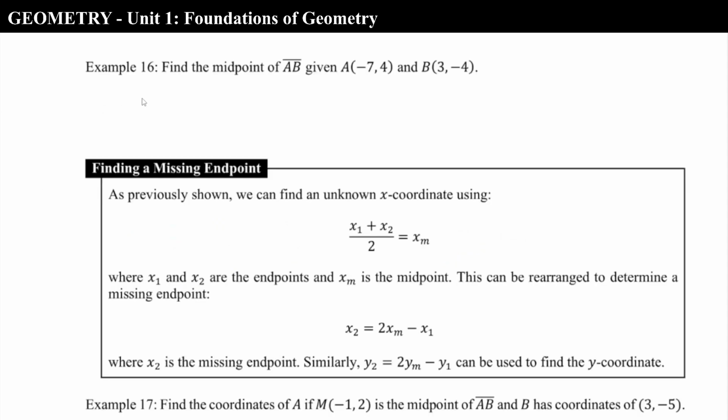All right, let's do one more example of this. Okay. So I'm going to write it this way this time. We're going to do our x coordinates. So we've got -7 plus 3 over 2. And our y coordinates, 4 plus -4 over 2.